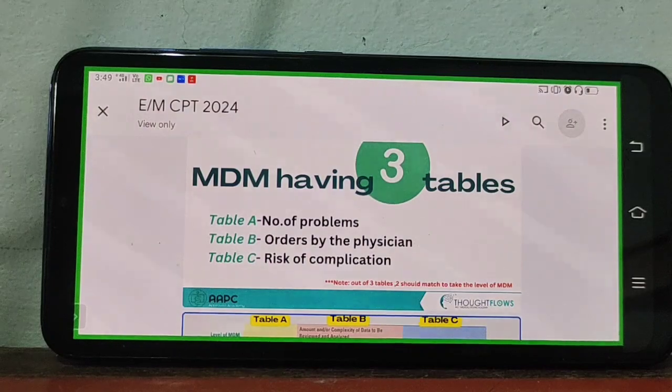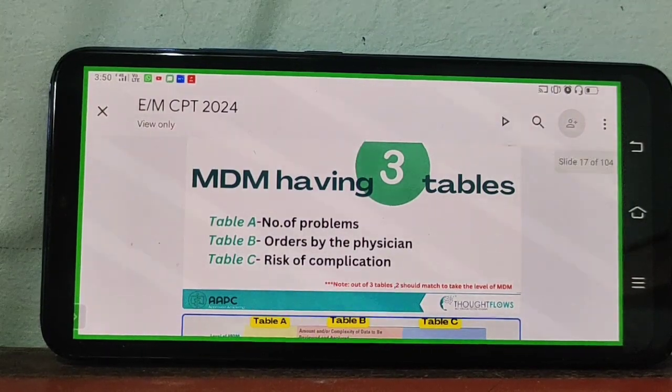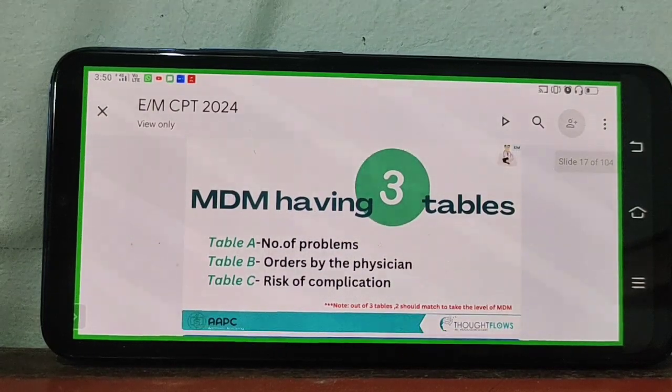So that is the reason for the visit, and that is the number of problems. Problem table. Then Table B is considered as the data table. Collect the data, and based on that, the doctor orders any examination. And the risk table.